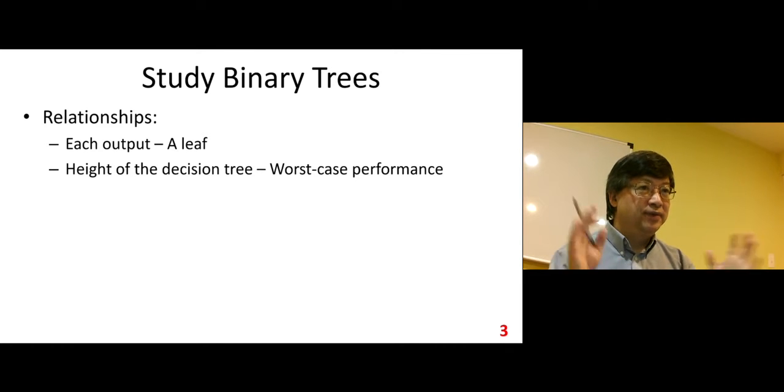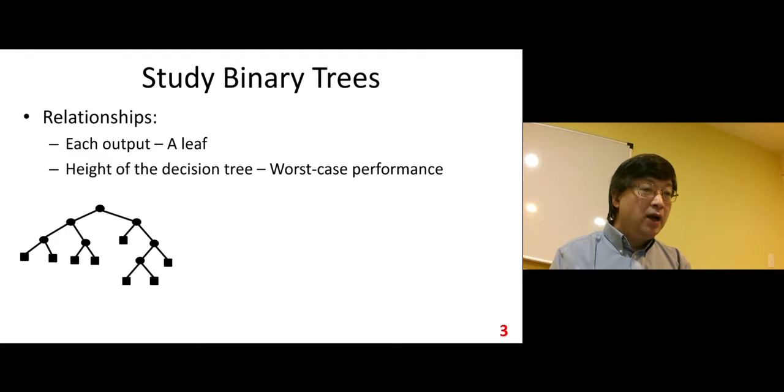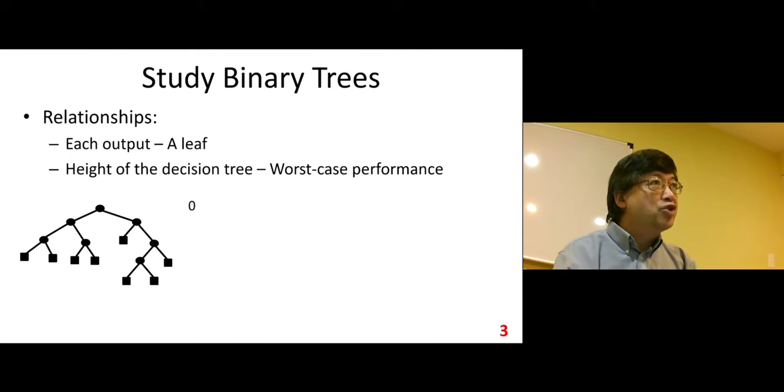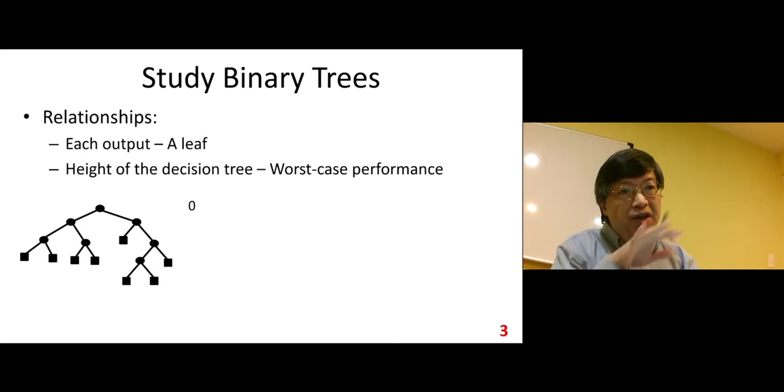Now for a typical general decision tree, let us look at the largest possible number of nodes at each level.